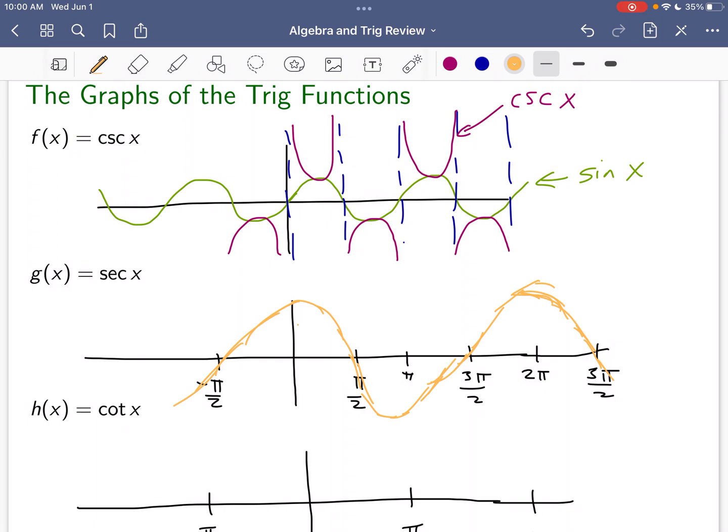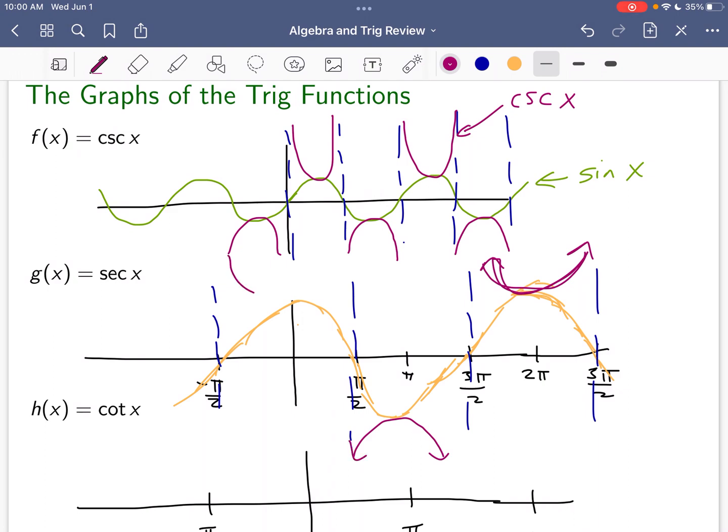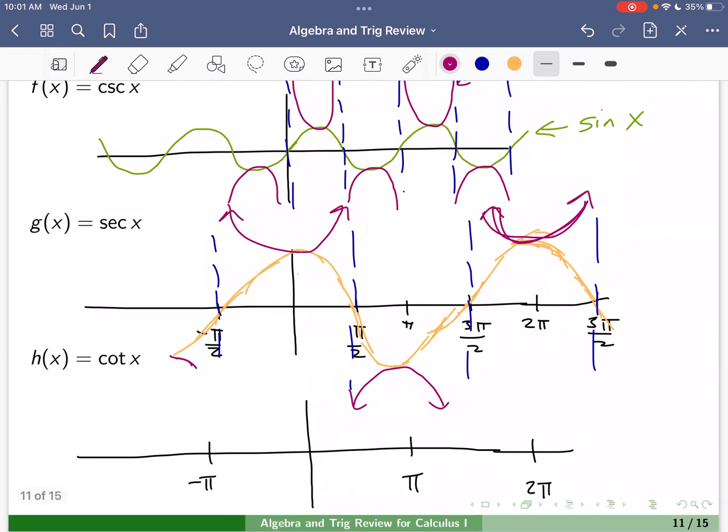So we have our cosine graph. We're going to have a vertical asymptote whenever cosine is 0. And just like the cosecant graph, it's going to just touch the cosine graph when it hits either a peak or a valley. So that's our secant graph.